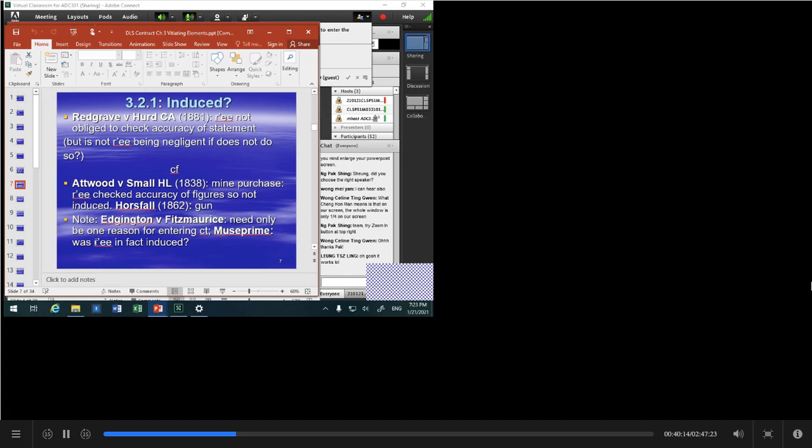Let's say you want to claim fraudulent misrepresentation. Well, the problem with fraudulent misrepresentation is that it's very difficult to prove fraud. And the burden of proof would still be on the representee. Okay. And at common law, it's difficult to prove negligent misrep as well.